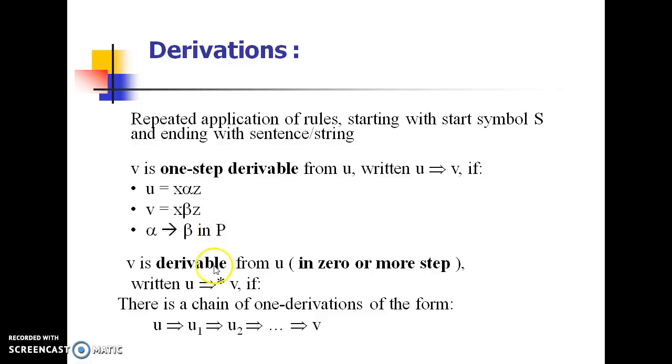It can be a 0 or more step derivation, represented by U star giving V, which is a chain of one step derivations of the form U giving U1, where U1 gives U2, and in the last step it generates V. If it is 0 steps, it means U is equal to V.